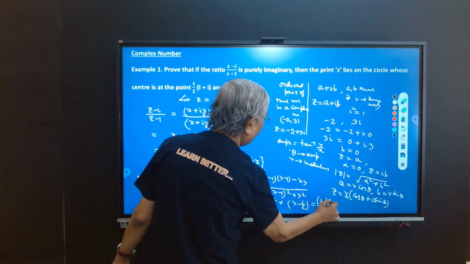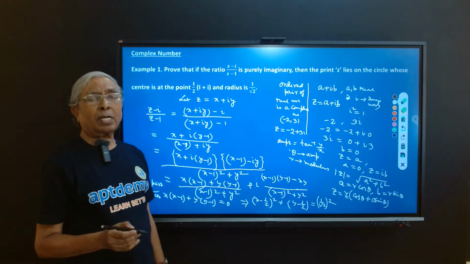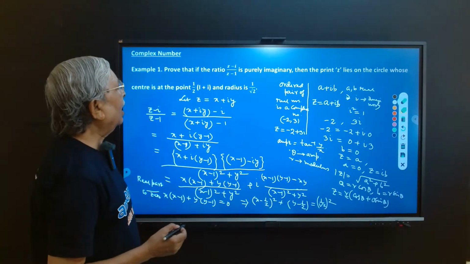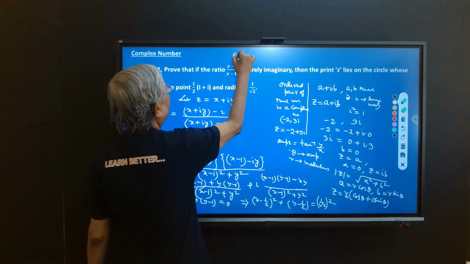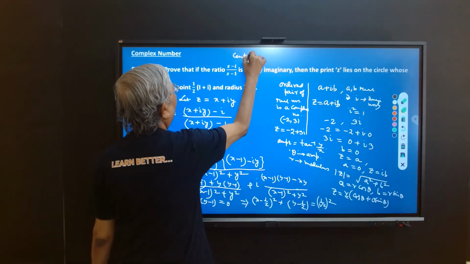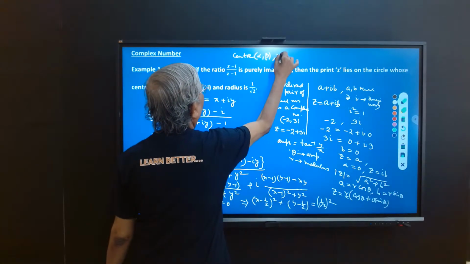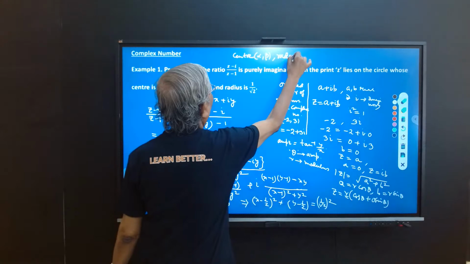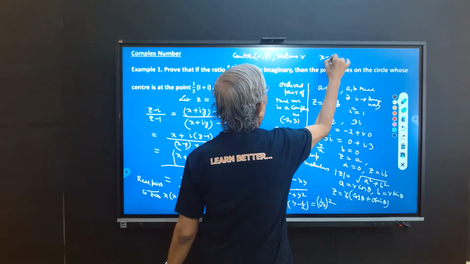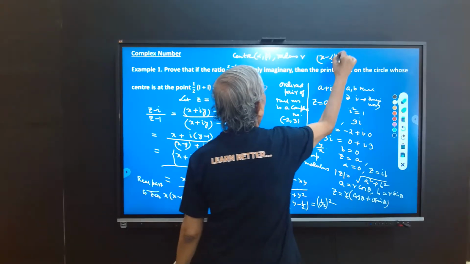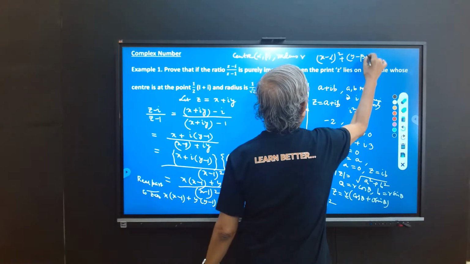Why have I written this equation in this form? We know that if a circle has center (alpha, beta) and radius r, then its equation will be (x minus alpha) whole square plus (y minus beta) whole square equals r square.